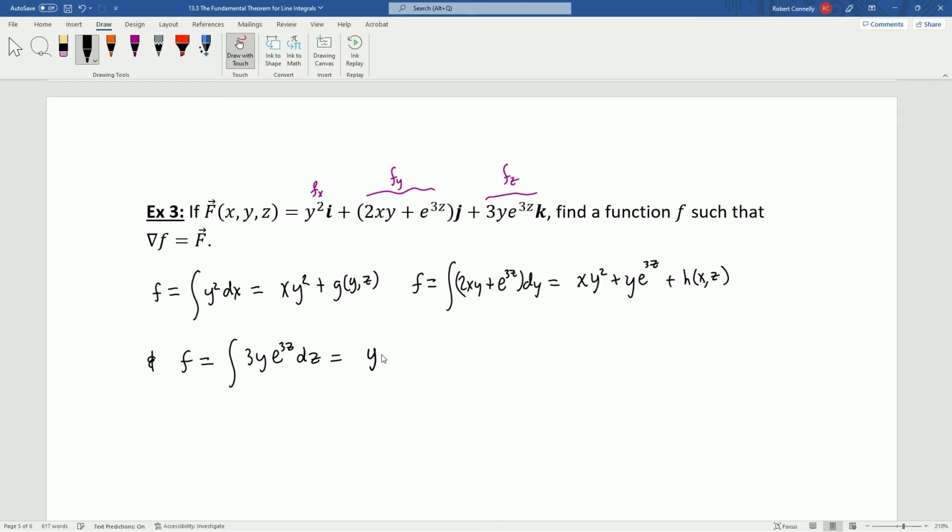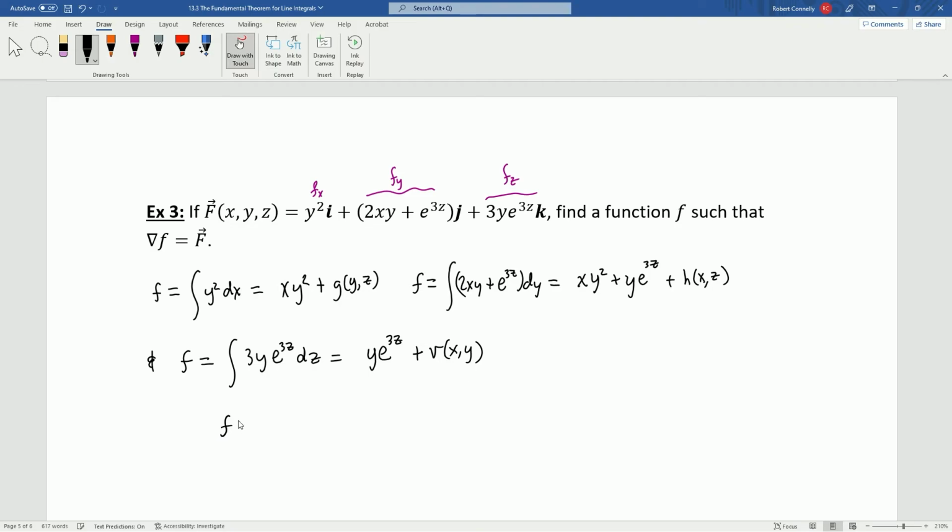This gives us y e to the 3z. I would have needed to do u substitution, but I would have divided by 3 and canceled that 3 there. Plus some function, let's call it, I don't know, v of x and y.